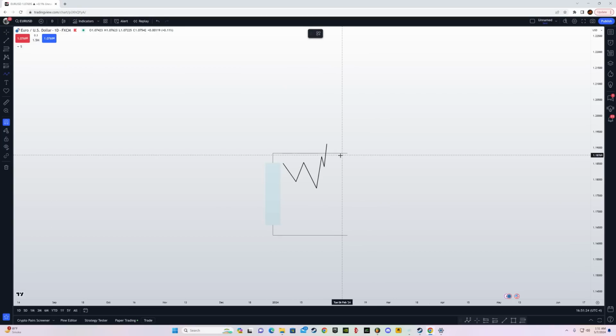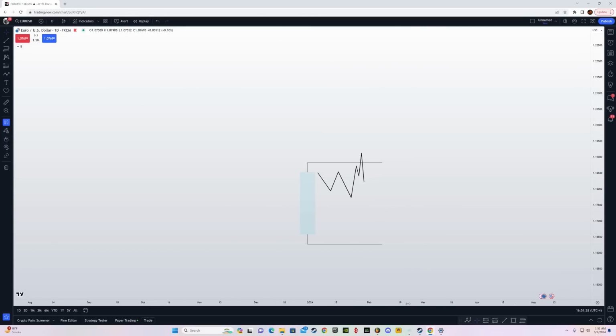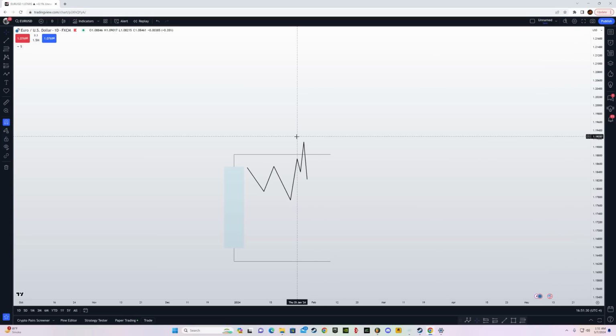All you're waiting for is a market structure shift, with price falling back into the Monday range. This is the Monday range high, this is the Monday range low. We want to see acceptance back into the range, and we also want to see a market structure shift. That's all on the 15-minute time frame.